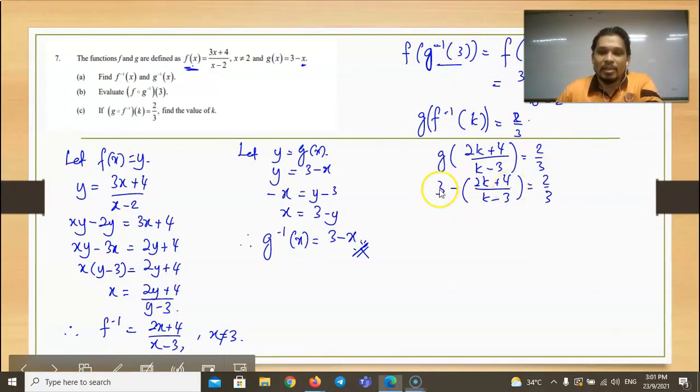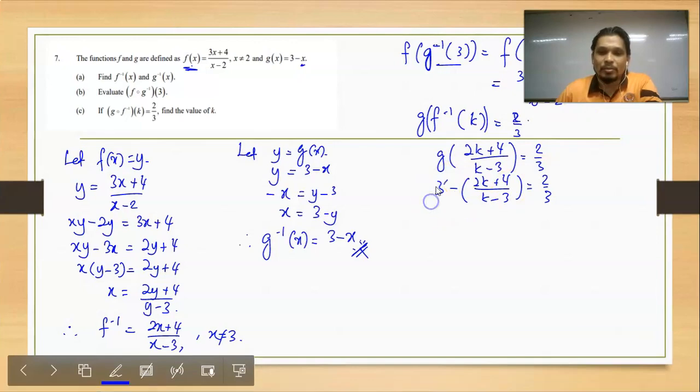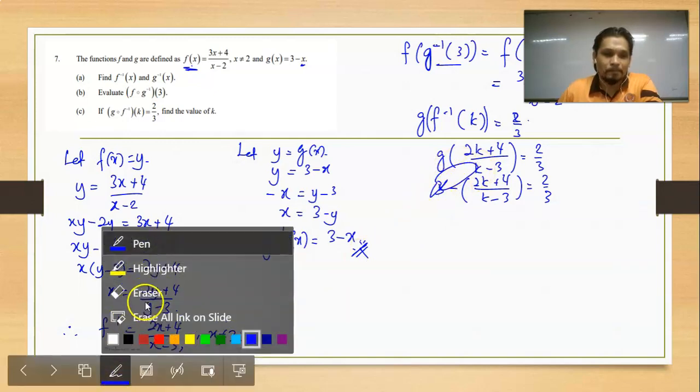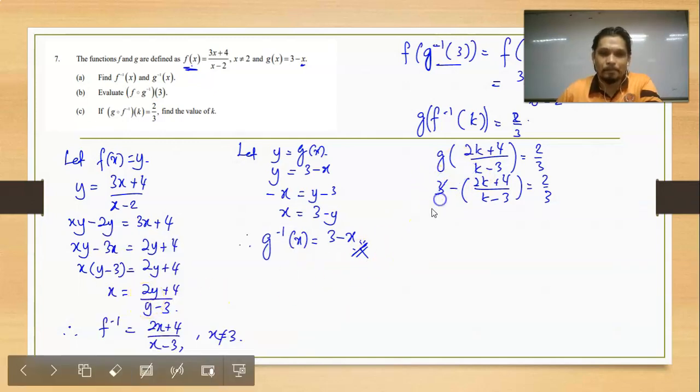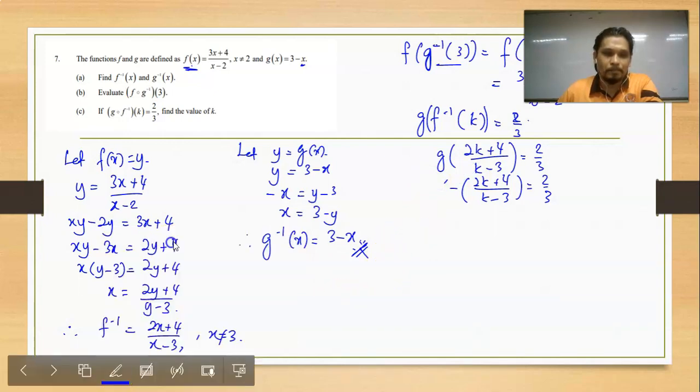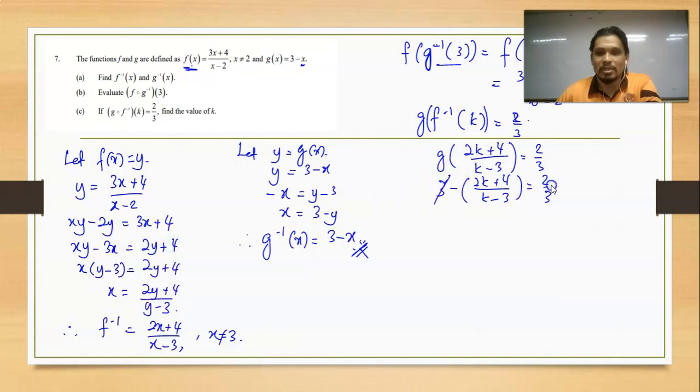Bring this 3 to the right side, become negative 3, and transform this into the form of a fraction with a denominator of 3. 3 times 3 equal to 9 over 3.